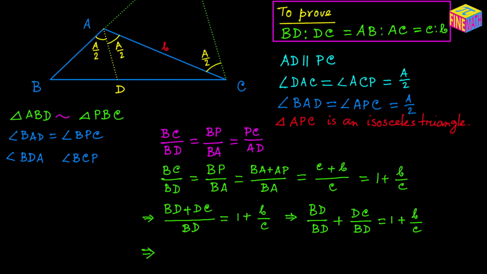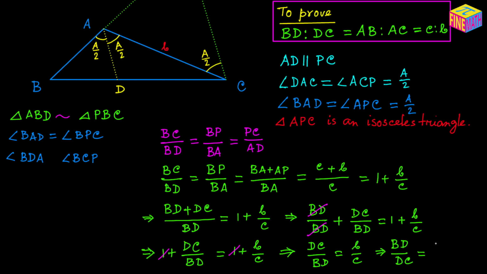The first portion is clearly 1, so it will be 1 plus DC over BD is equal to 1 plus b over c. Now those two 1s will cancel out each other, so we are left with DC over BD equal to b over c. And from here we can say BD over DC is equal to c over b, and that's exactly what we needed to prove: that the ratio of BD to DC is equal to c to b, and that's exactly what we have proved right here.